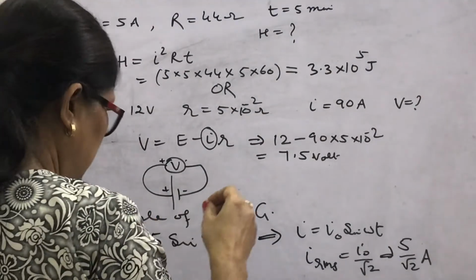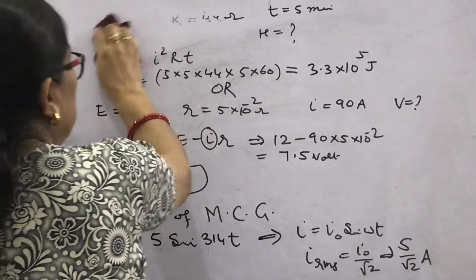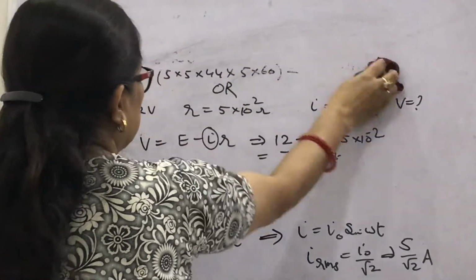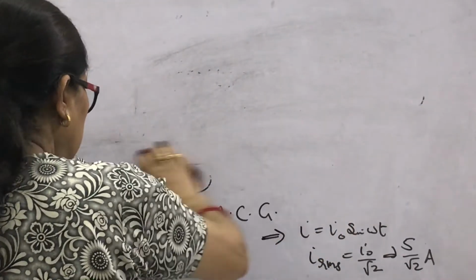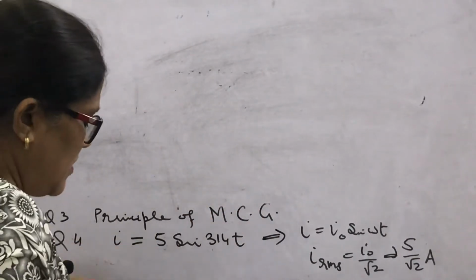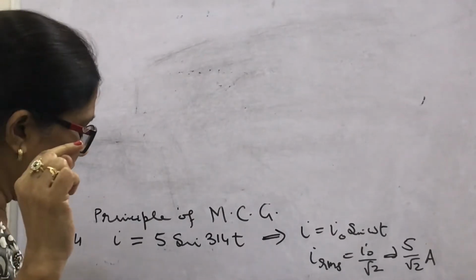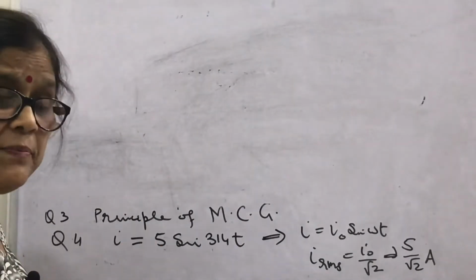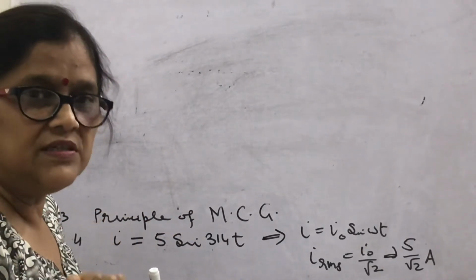Look at the next 1 mark question. Also the choice of this question. In question number 4, the other question given in the choice is: what is the value of power factor in a series LCR circuit at resonance? What happens in a series LCR circuit at resonance? The circuit becomes purely resistive.